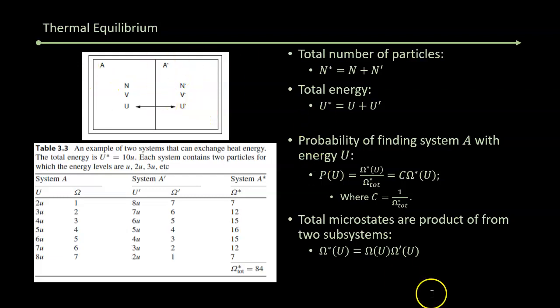So it's a multiplier. It's 5 times 4, which would mean 20 different states, not just 5 plus 4. So the total number of microstates at that energy are the microstates in one part of the system at that energy times the microstates in the other side at that energy.